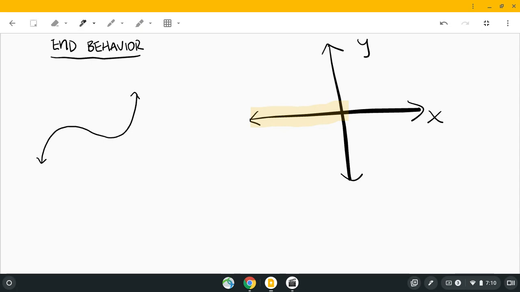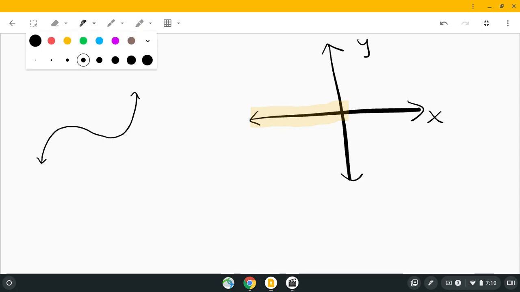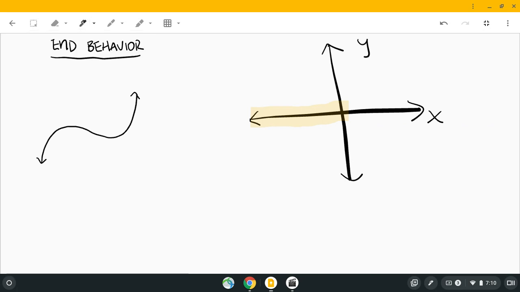And so what we do here is we say, okay, well, as x goes towards the negative numbers, like this over here, we see that my graph goes towards the negative y values, because we see here that downward, the y values are negative.